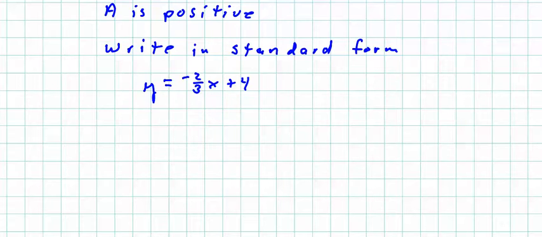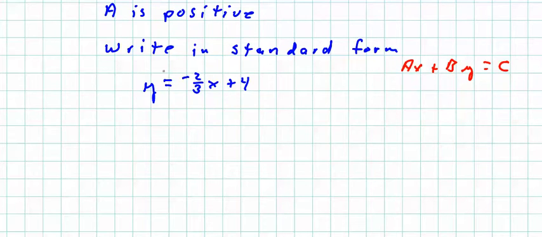Now, you have a choice. You can put it in ax plus by equals c order first, or you can get rid of the fractions first. I'm going to get rid of the fractions first.